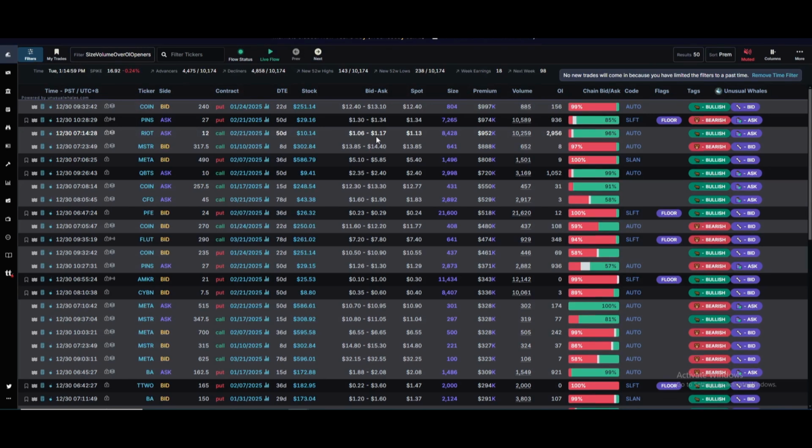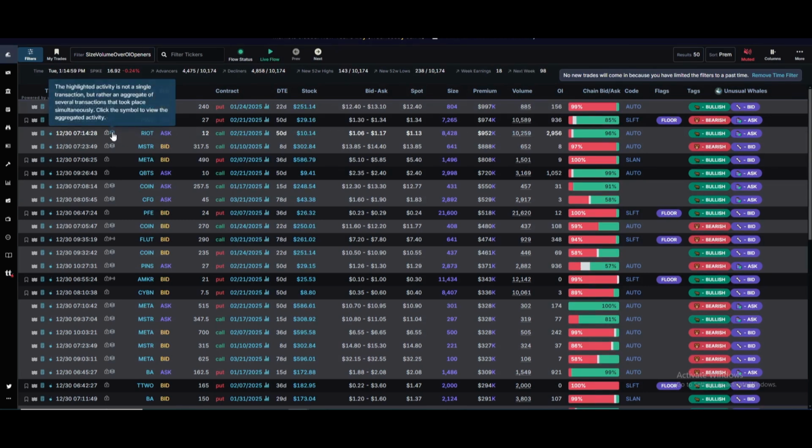So I'm going to show you why this is a much better type of flow. Right here, the size, 8,428 calls were bought by this one participant. And the open interest that already existed was 2,956. So clearly, this whale opened a position because this is much greater than the actual current open interest.